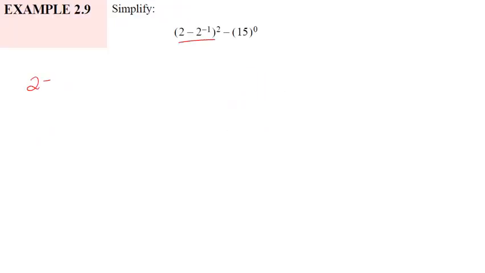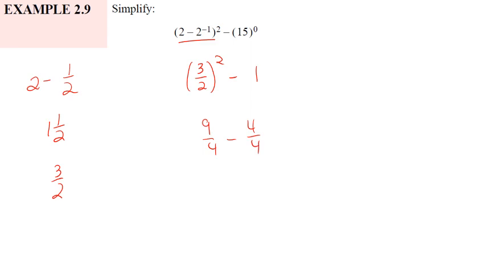This is going to be 2 minus 1/2. 2 minus 1/2 is 1.5, which is 3 over 2. So I'm going to change this to 3 over 2 squared minus 1. 3 over 2 squared is 9 over 4 minus, I'm just going to write 4 over 4 as 1 to get a common denominator, and then my answer is 5 over 4.